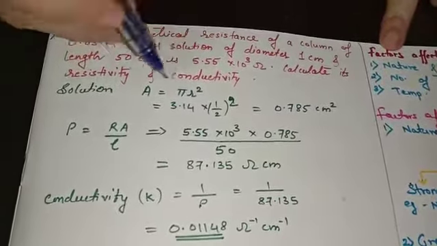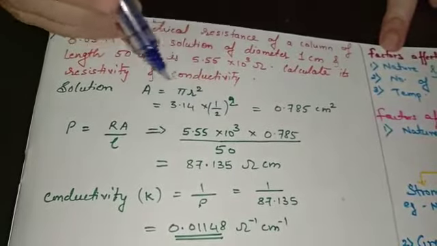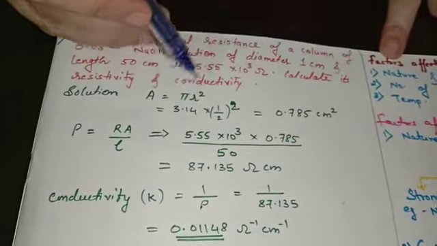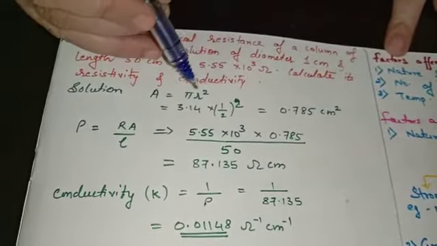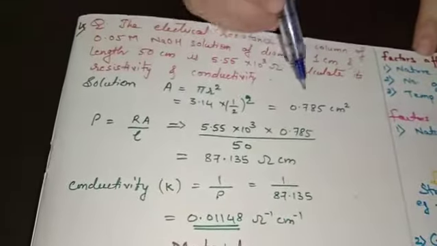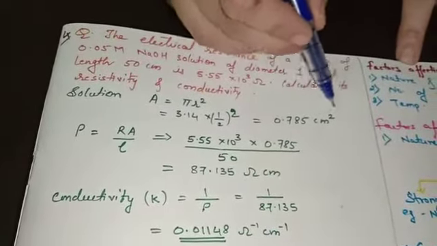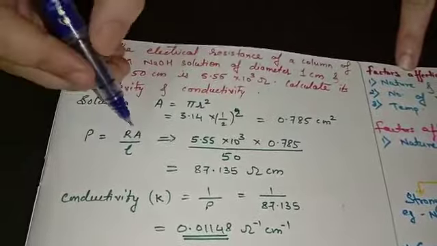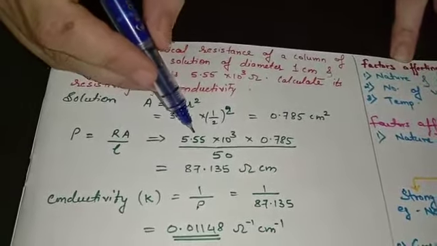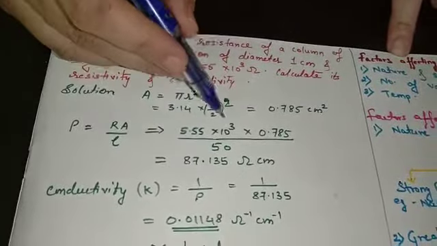Solution: A is equal to pi r square, and the value of pi is 3.14. R is not given to us, but diameter is given as 1 centimeter, so radius comes to be half. So it is half square. The value of A comes to be 0.785 centimeter square. Now rho is equal to RA upon L. The value of R given to us is 5.55 into 10 to the power 3.